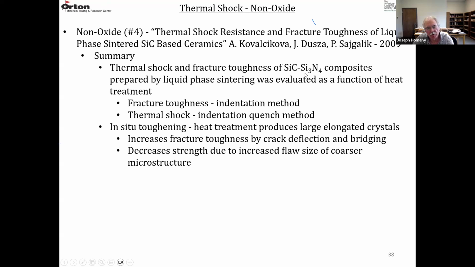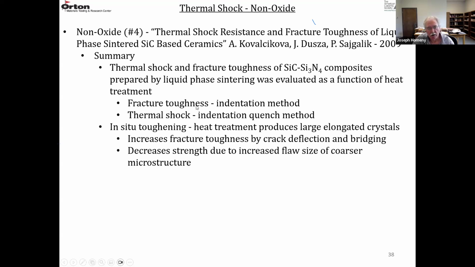There was some silicon nitride present, so it is basically a composite type material. So they looked at thermal shock and fracture toughness of this silicon carbide, silicon nitride composite type material. It was prepared by liquid phase sintering, and it was evaluated as a function of the heat treatment.